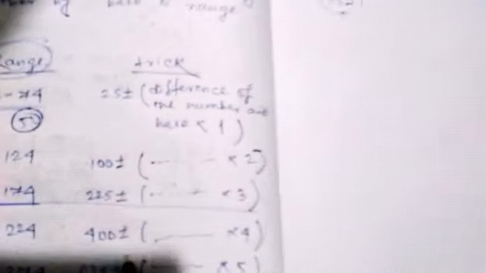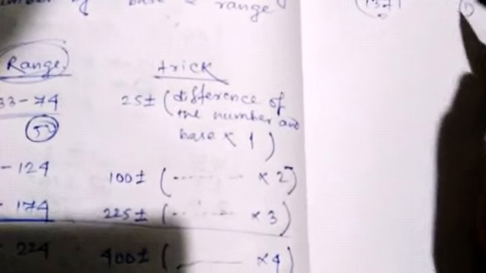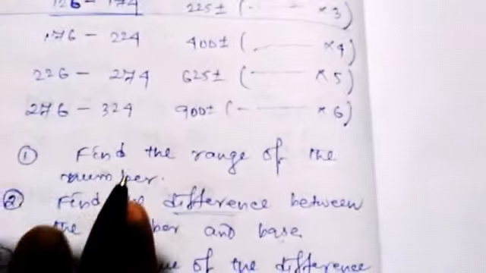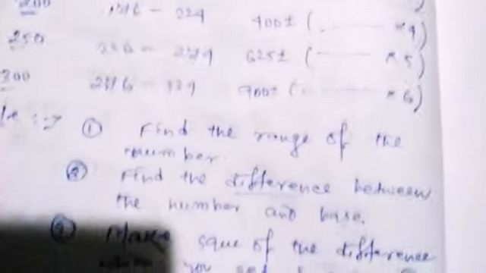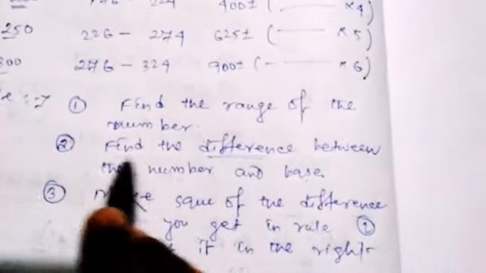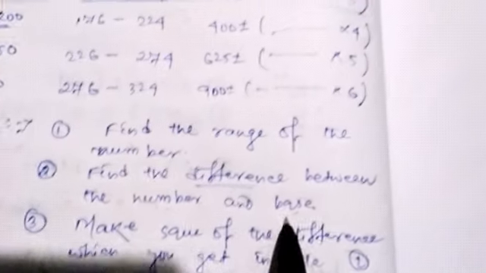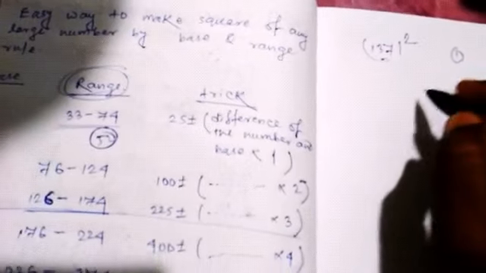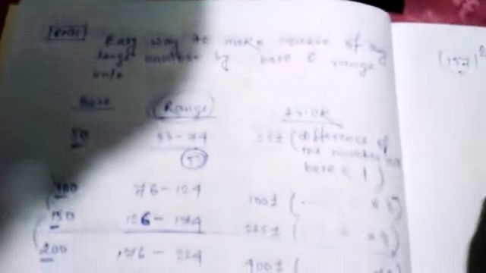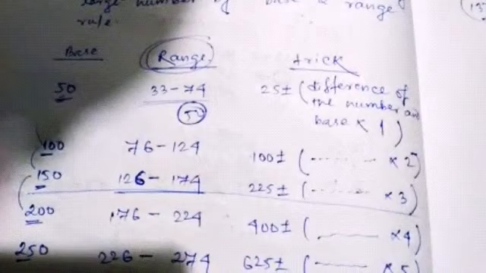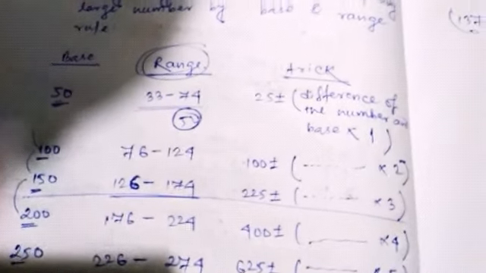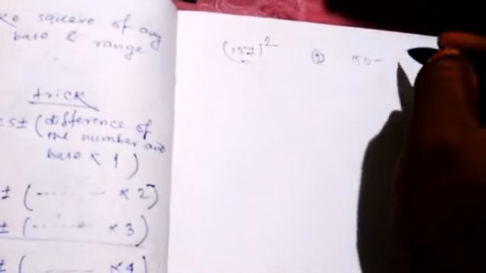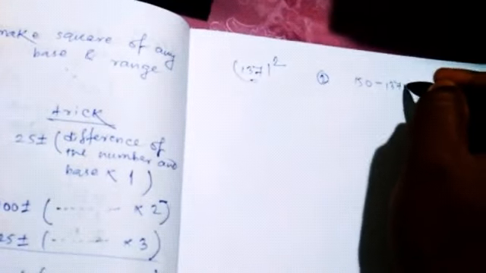So according to the first rule, find the range of the number. We have found it. Second rule was find the difference between the number and the base. Here the number is 137 and the base is 150. So the difference is 150 minus 137.